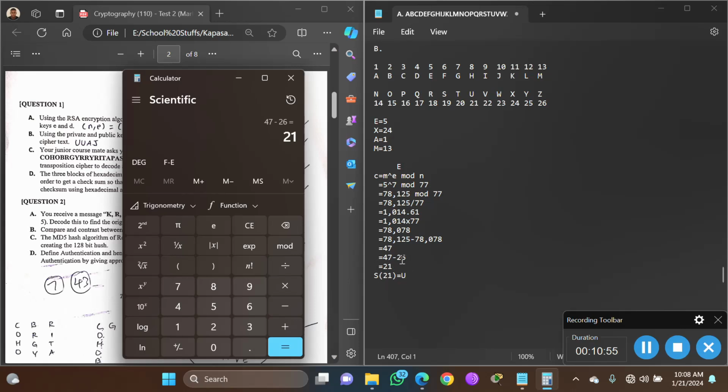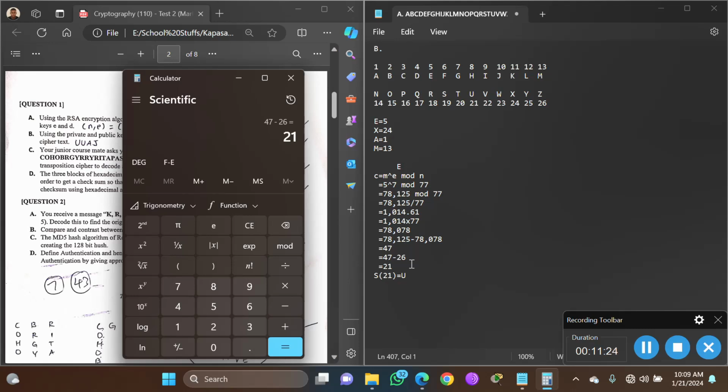But another method is that you can say this same 47, we divide it by 26, get to 2 decimal places, then from that you get rid of the decimal places, then you multiply it by the denominator, which is 26. From that, subtract the first answer from the last answer for you to get this 21 again, but it's a little bit complicated, so stick to that.